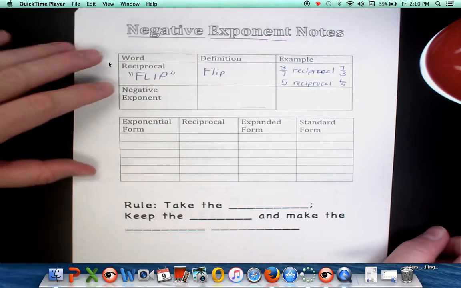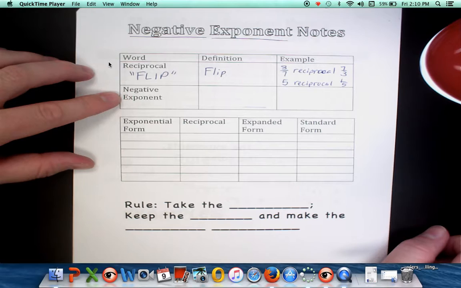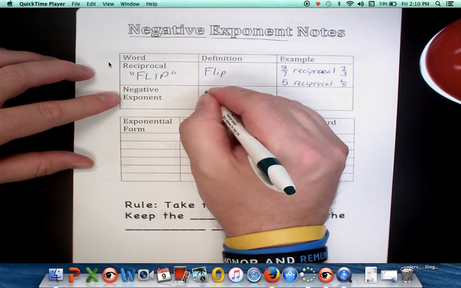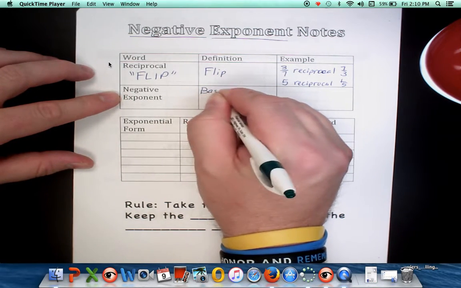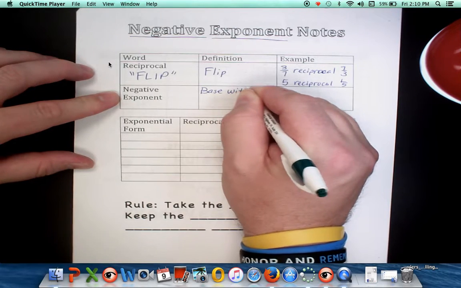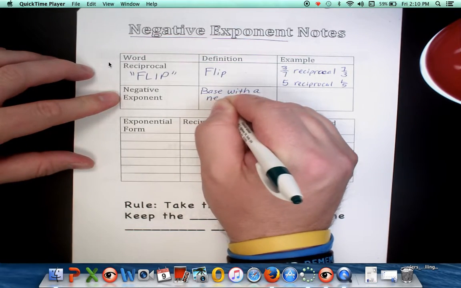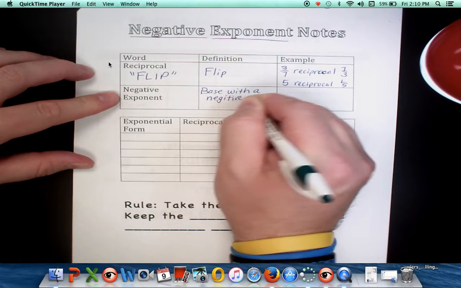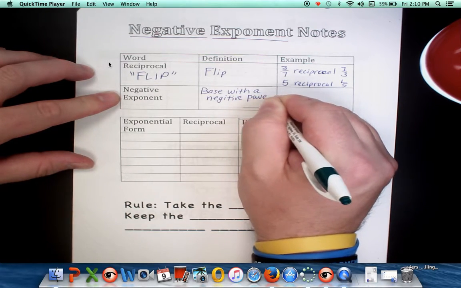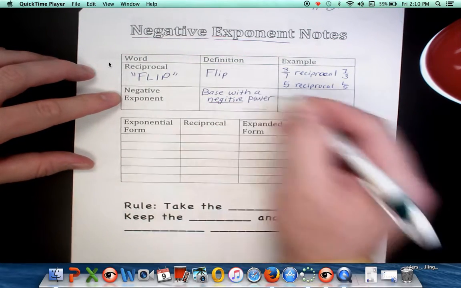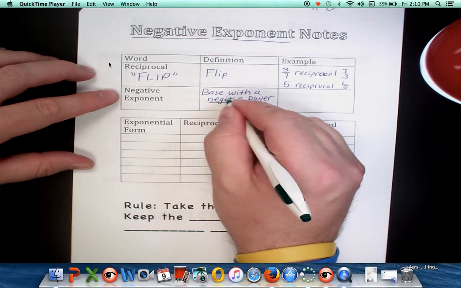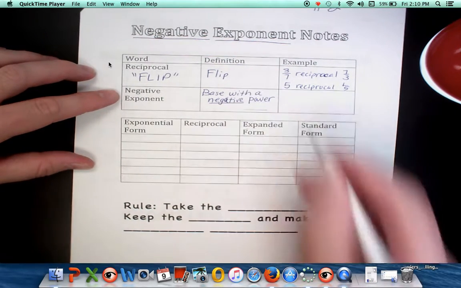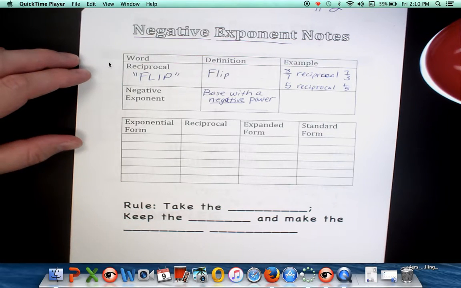Okay? When you have a negative exponent, the definition is just when you have a base with a negative power. Okay? With a negative power. You have a base that has a negative power.